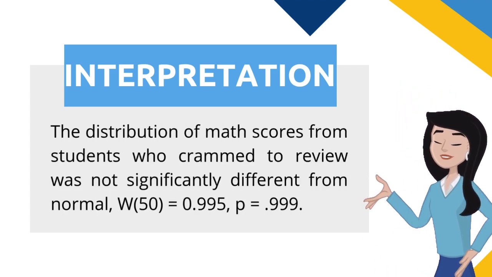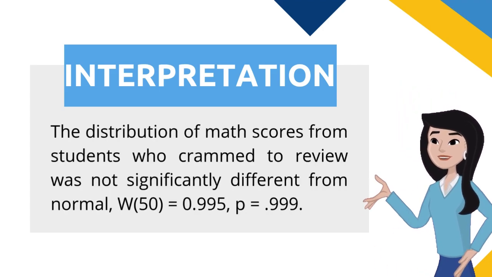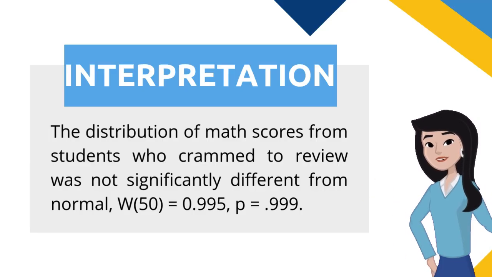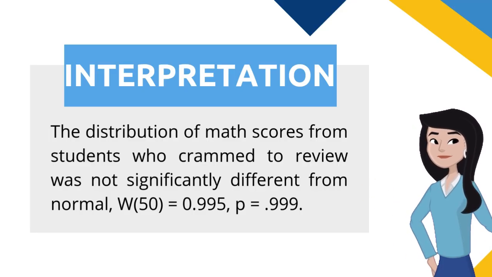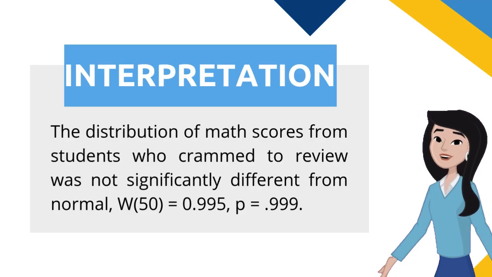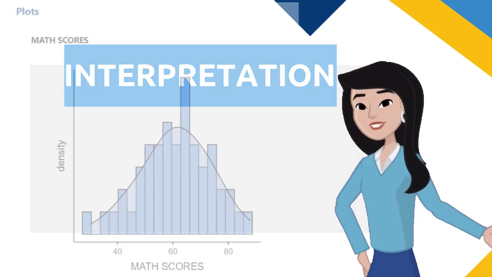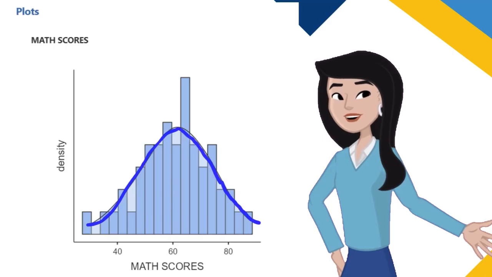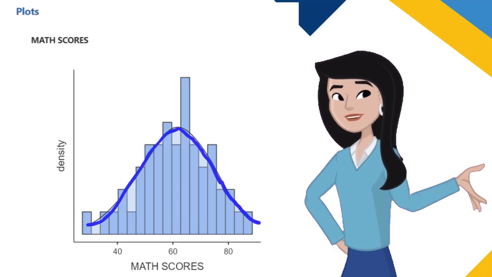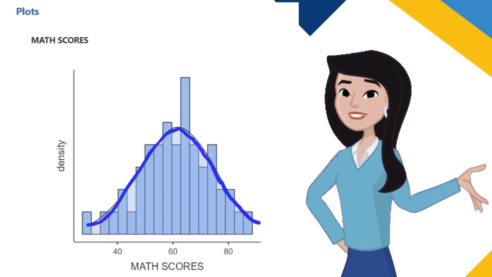The distribution of math scores from students who crammed to review was not significantly different from a normal distribution. The Shapiro-Wilk test statistic with 50 participants is equal to 0.995, and the p-value was 0.999. The histogram confirms this, a bell-shaped curve. This confirms that the data is suitable for parametric tests that assume normality.